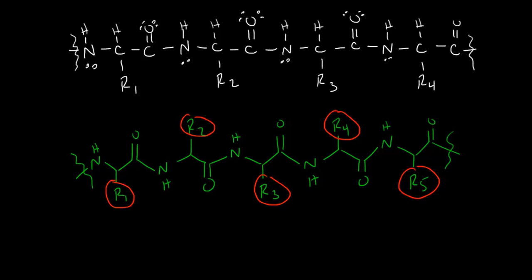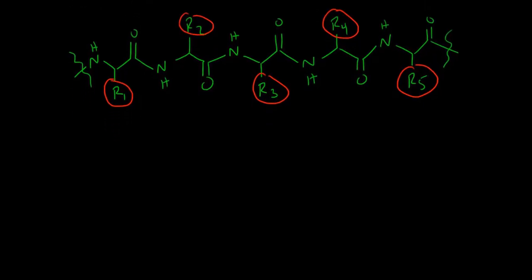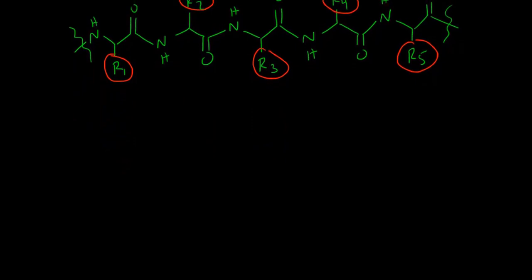So let's go ahead and explore this idea and put it in the context of the physical properties of two different peptides. We will start off with a peptide composed of alanine, aspartic acid, lysine, valine, and alanine.